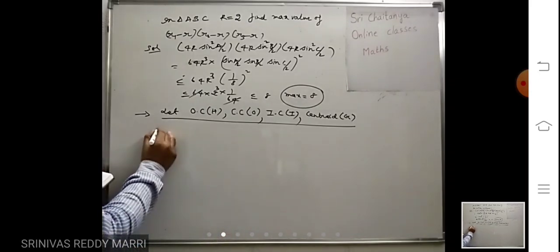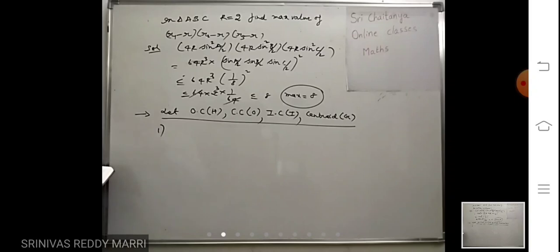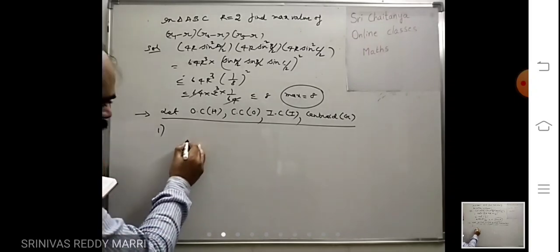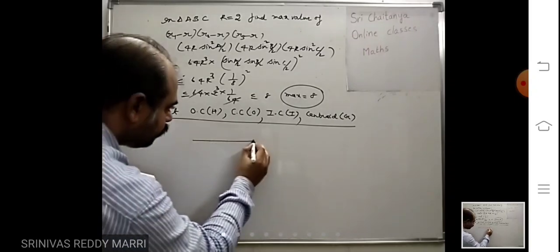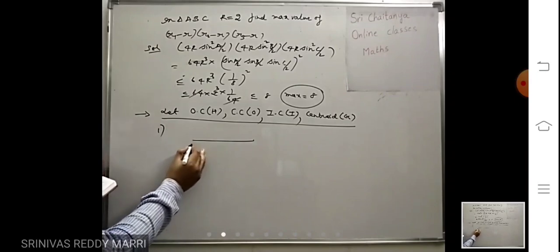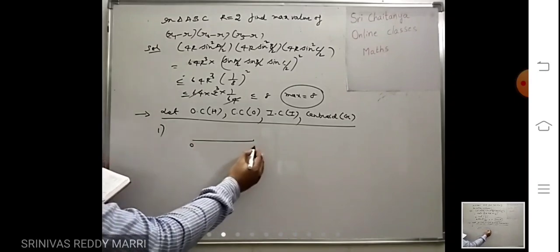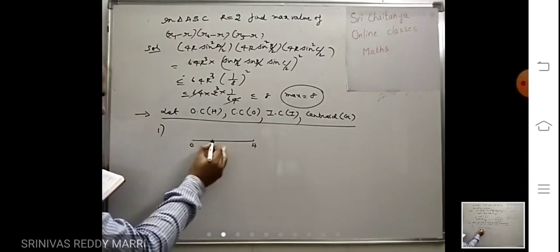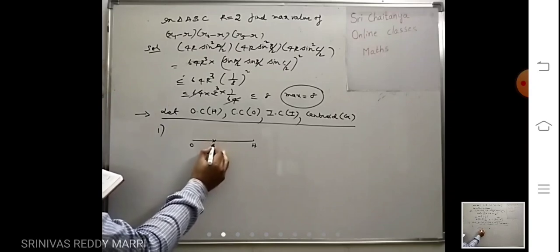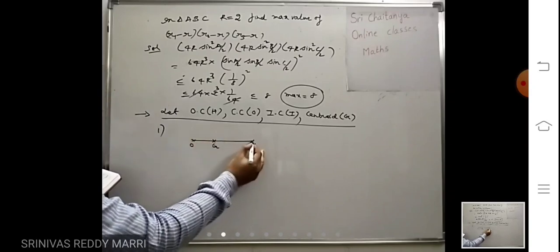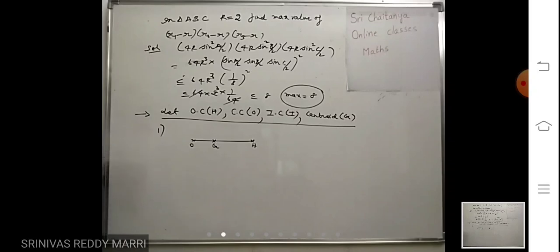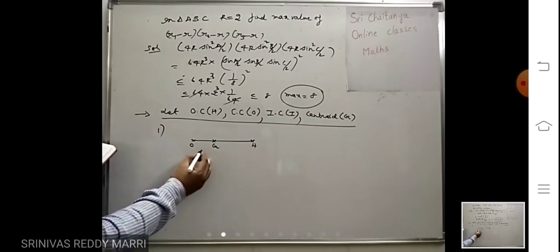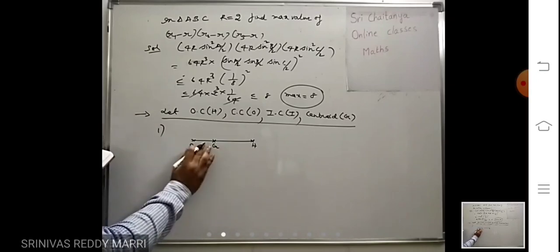Now, in any triangle, the first point is a well known fact. Orthocenter, centroid and circumcenter will lie on a line in any triangle.